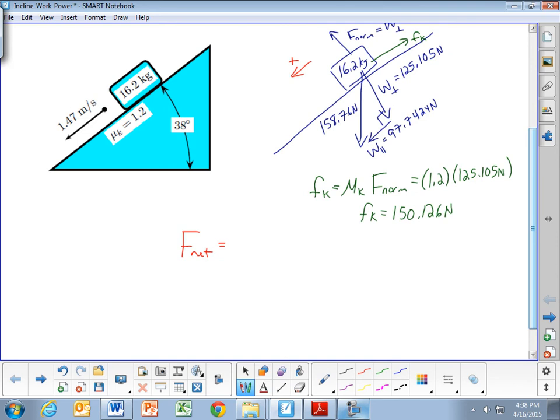So my net force is the force down the ramp, which is the parallel component of the force of gravity, positive 97.7424 newtons, plus the force of friction, but that's up the ramp, so it's negative 150.126 newtons. And so this net force is negative 52.384 newtons.